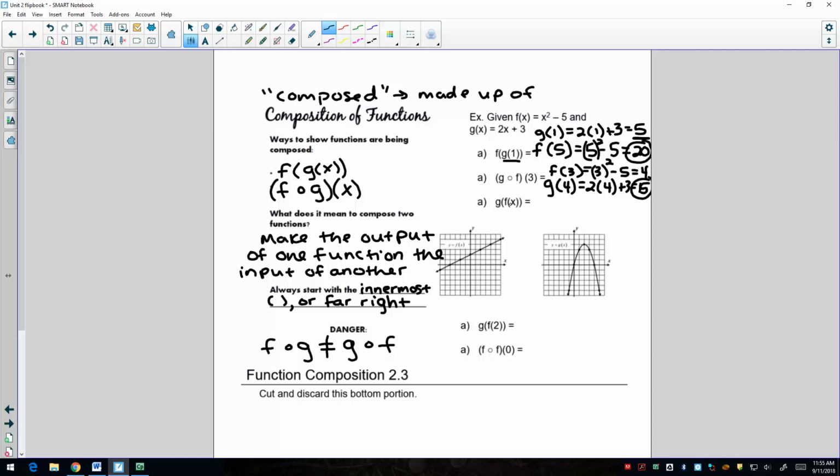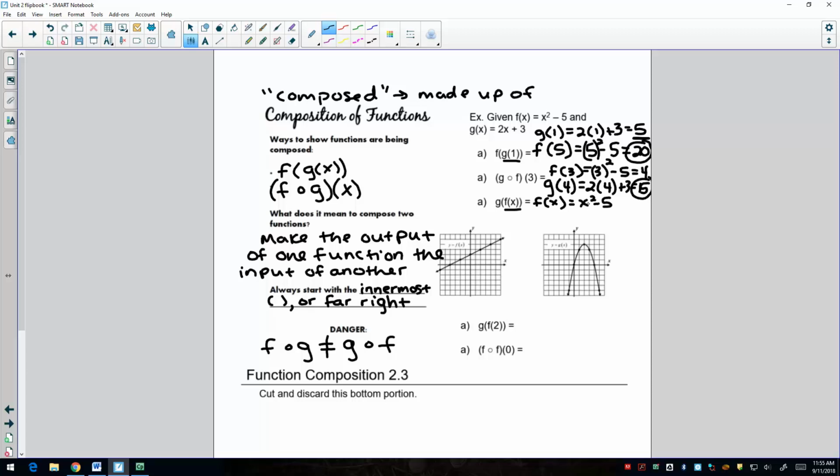All right, the last one's kind of weird because there is no number to plug in for your input. They said just leave it as x. Figure out what g made up of f of x is. So I'm going to write it like I was up here, even though there's no number. So first I would do the innermost, which is f of x. Well, f of x is simply x squared minus 5.